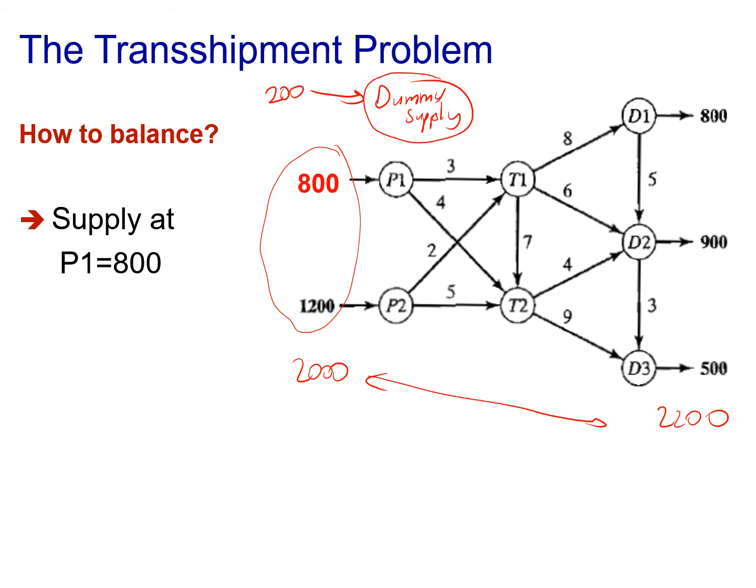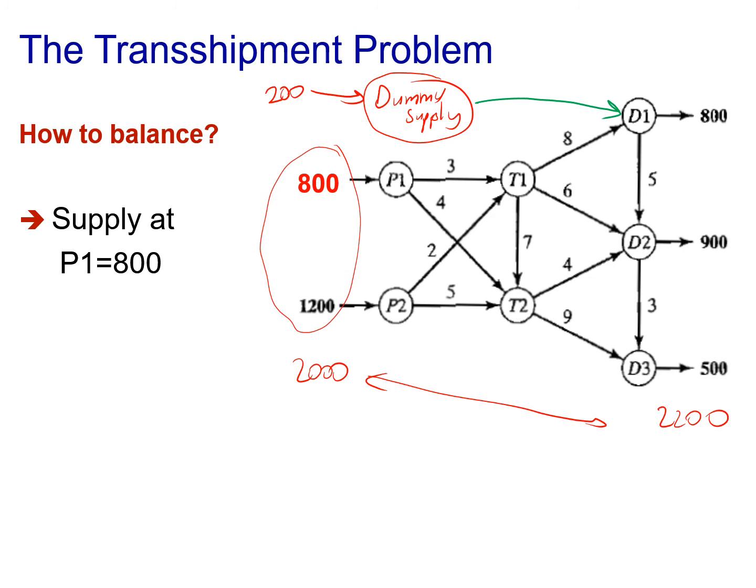And then we need to connect this dummy supply with which of these nodes in the network. Should I connect it with P1, or for example T1? It's an important decision. What we do is connect the dummy supply point to the demand points, or to the nodes that have a demand. For example, D1.